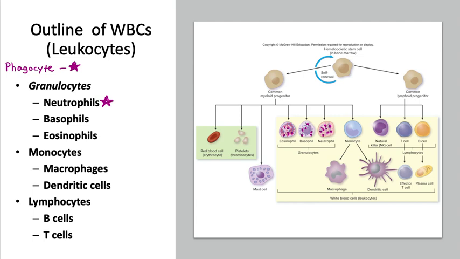They're going to be involved in the second line of defense. Basophils and eosinophils are not phagocytic, but instead they secrete chemicals and they respond to allergies, and they're associated with inflammation.